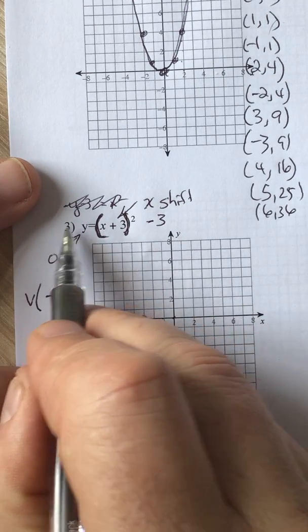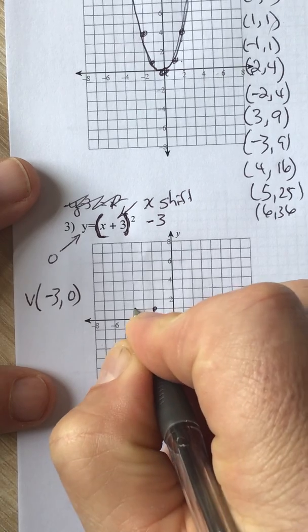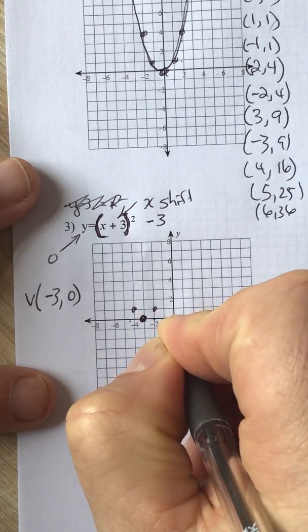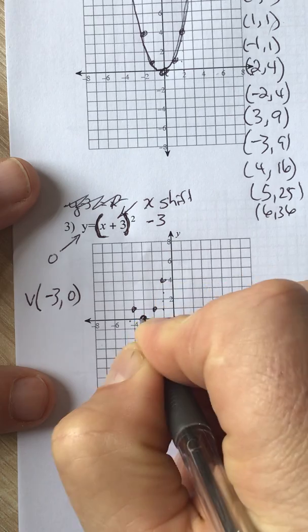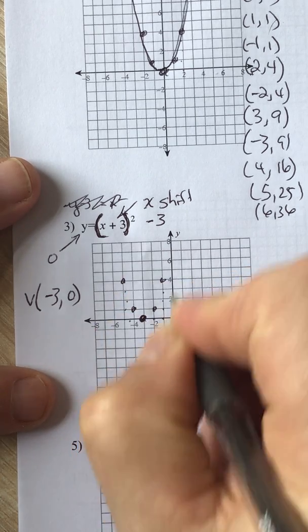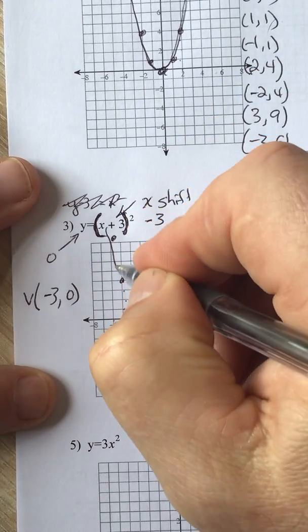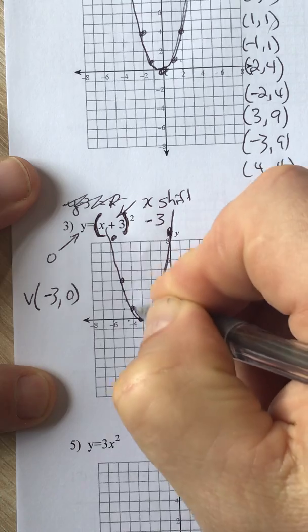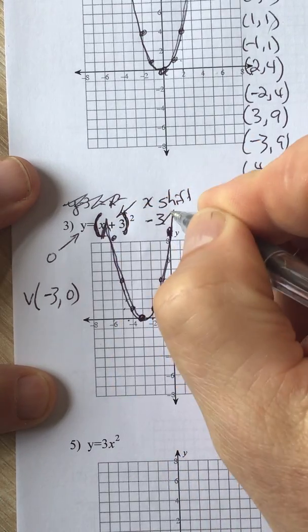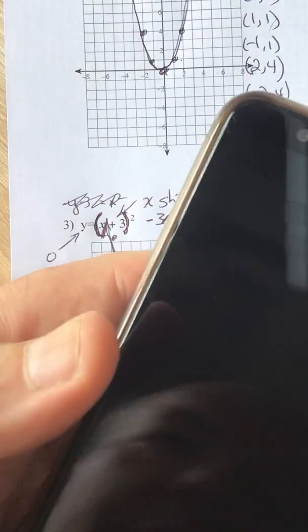And then there are no multipliers, so it's the regular width: over 1, up 1, over 1, up 1, over 2, up 4, and if we want to go another one, it would be 3, 9. And there we have it. So that one shifted the whole parabola to the left 3.